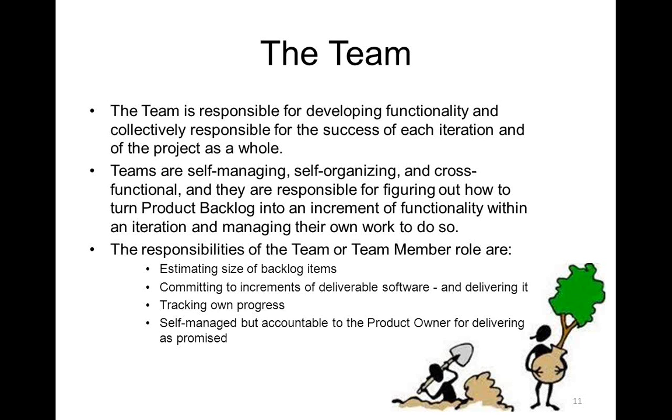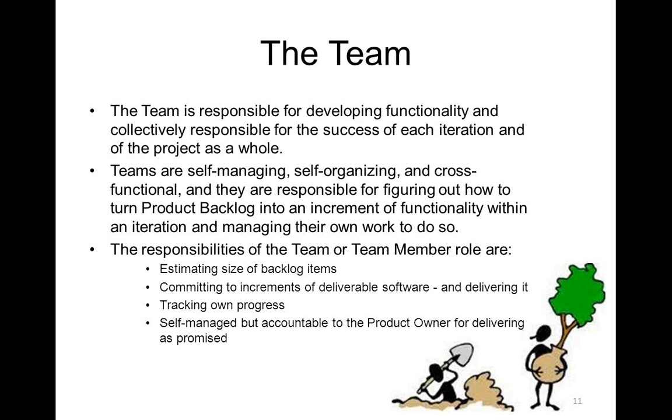The responsibilities of the team and team members include estimating the size of backlog items, because the moment they commit to any backlog item, they have to estimate its size and detail out the tasks required for completing it.